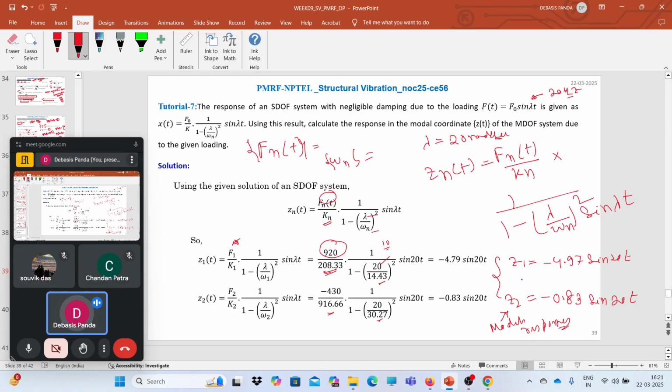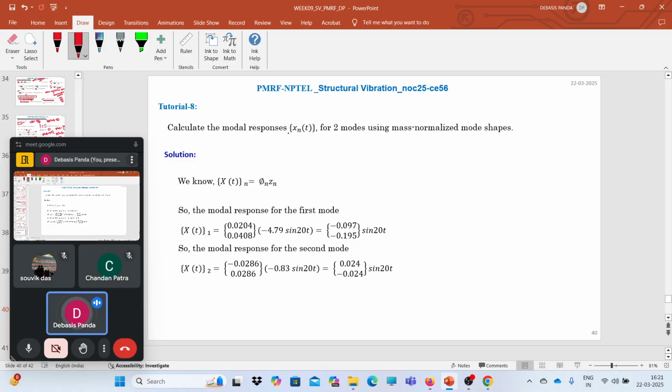Now that we have the modal responses and the mode shape information phi 1 and phi 2, can we find the physical responses? Yes, precisely, this is the next question: calculate the modal response in the physical sense for the two modes. For the nth mode, x(t) is nothing but phi n into zn.